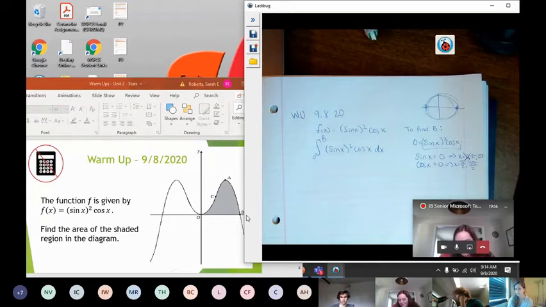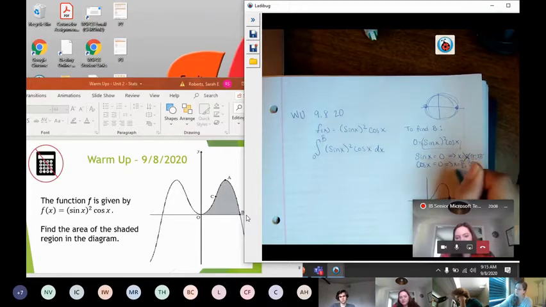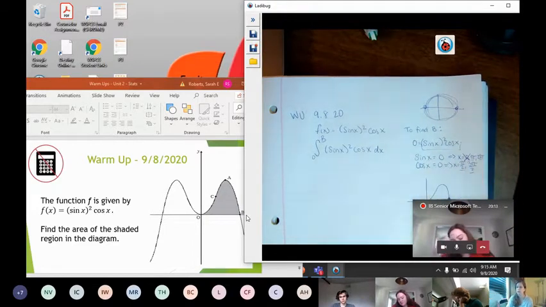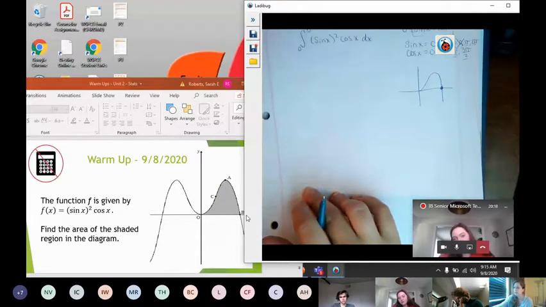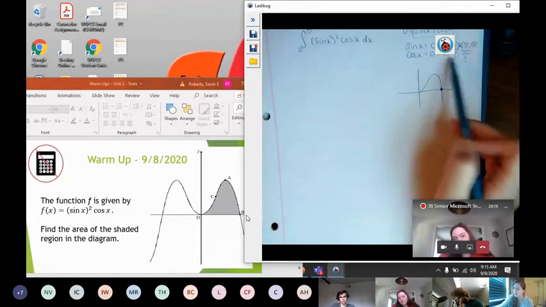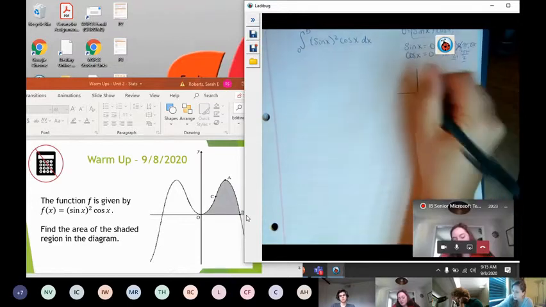Okay, so let's look at the graph of our function. Our function goes kind of like this, right? At every single one of these x values, we will have a point where this function crosses the x-axis. We've accounted for 0.